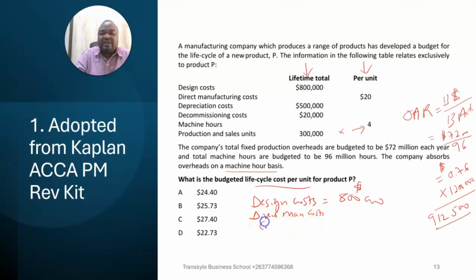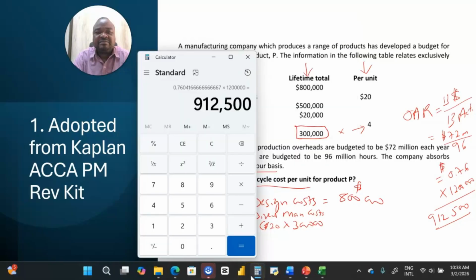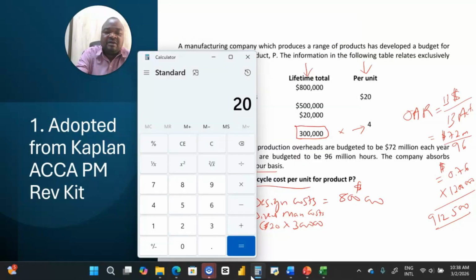These ones are given as $20 per unit, so we need to multiply by the total number of units, that is 300,000. These are the total units produced. So 20 multiplied by 300,000, that's 6 million.